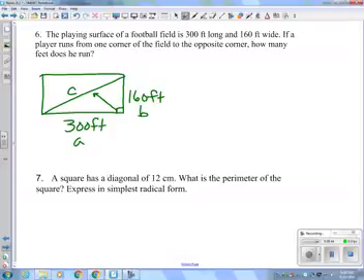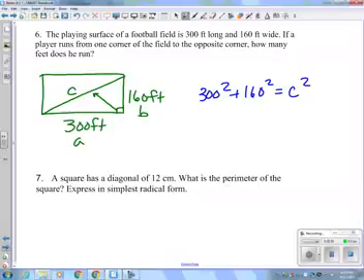So in that case, we are looking at 300 squared plus 160 squared equals C squared. Now if I type that all in at one time, 300 squared plus 160 squared comes out to be this really, really large number of 115,600.